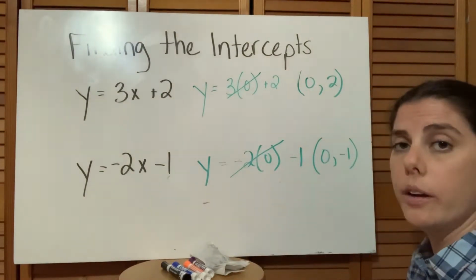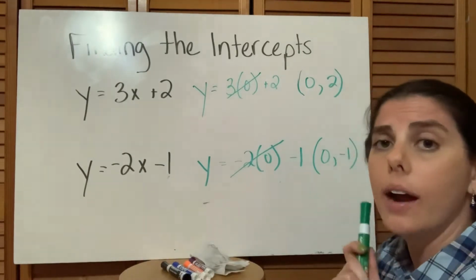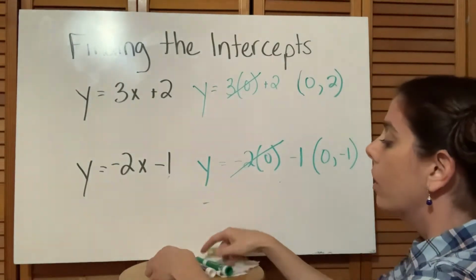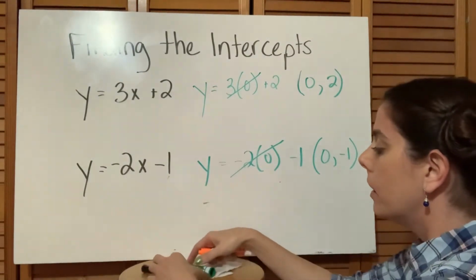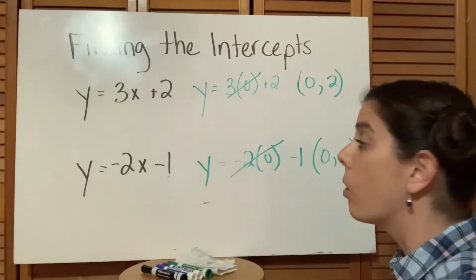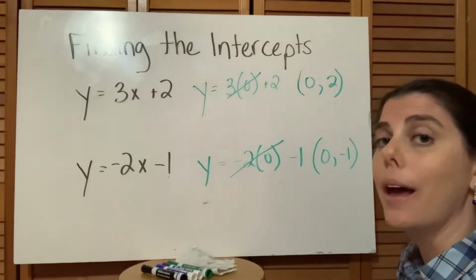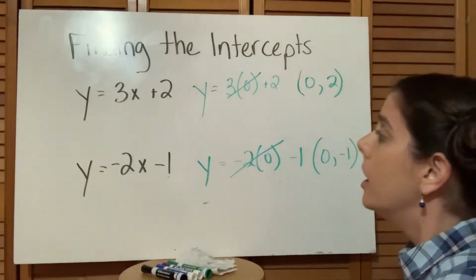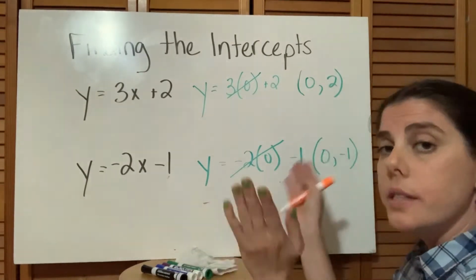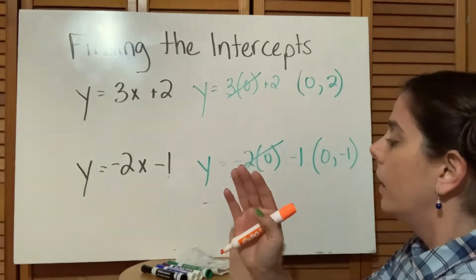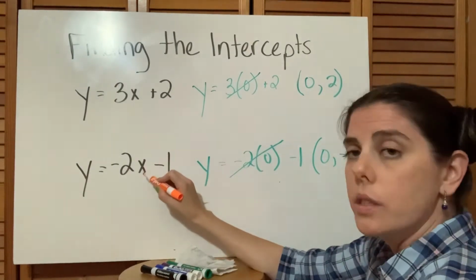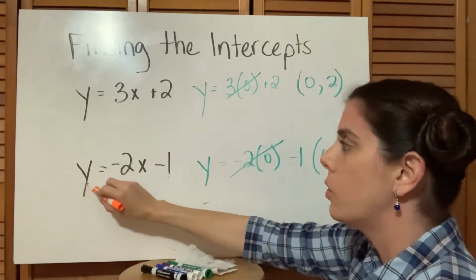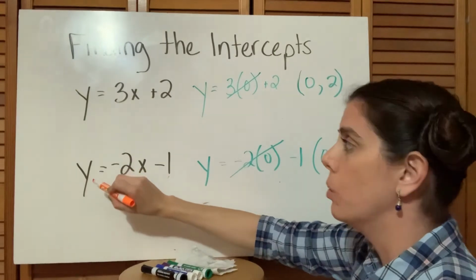We found our y-intercept. How do we find our x-intercept? Well, this one's going to require a little more work because we're going to have to get the x by itself in the end. But the opposite is going to be true, vice versa. Instead of letting x equal 0, we're going to rewrite this equation and let y equal 0 now.